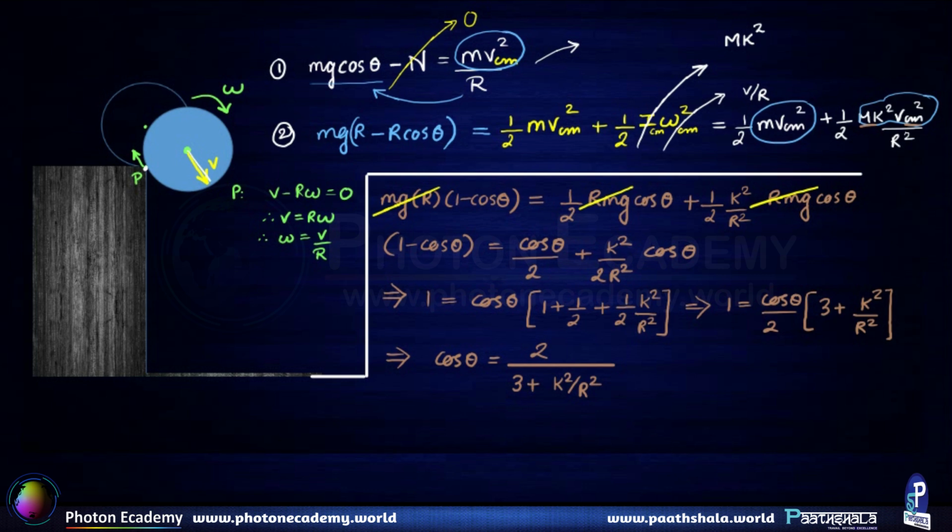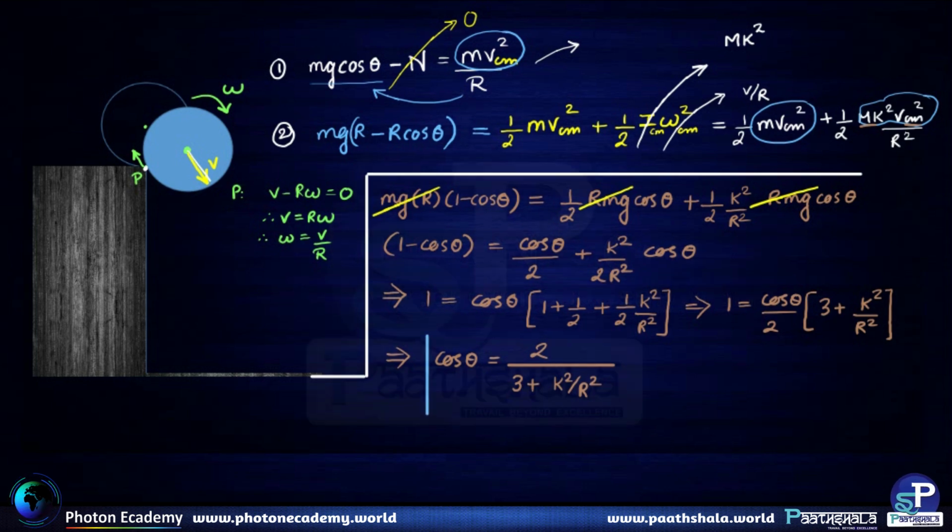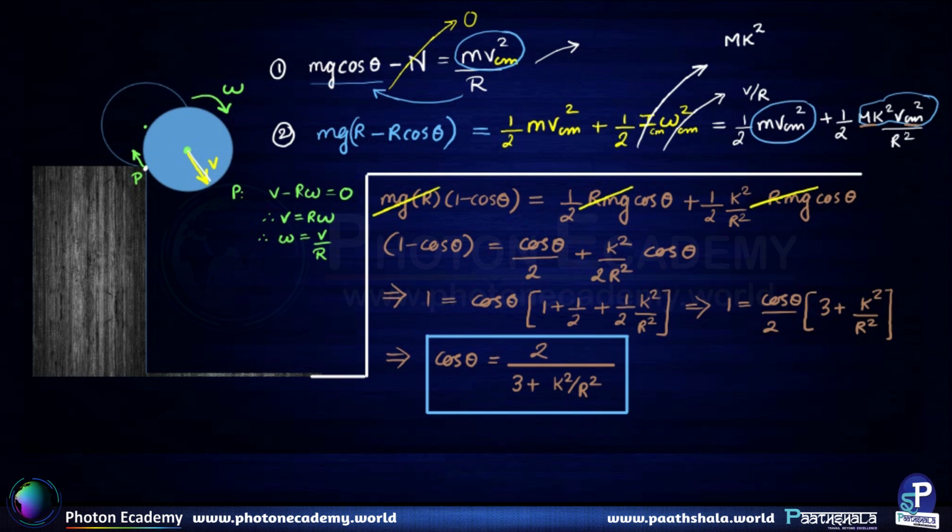Now let me box this particular formula. So this is the angle theta at which the object will leave the upper surface and start its free fall essentially. So this is the angle at which the normal reaction will become 0.